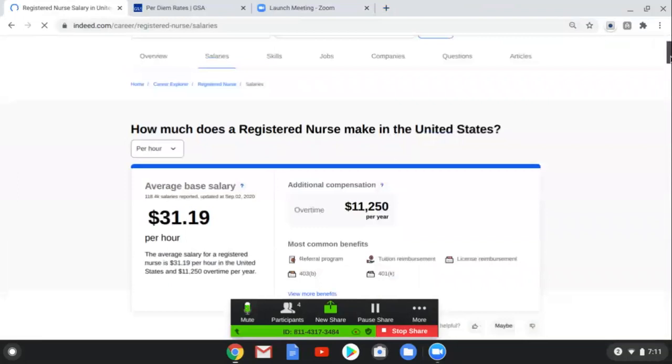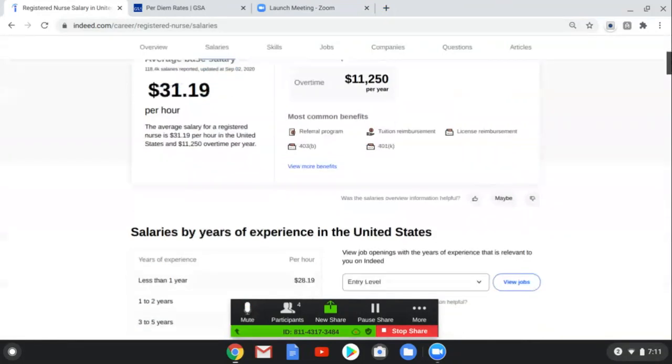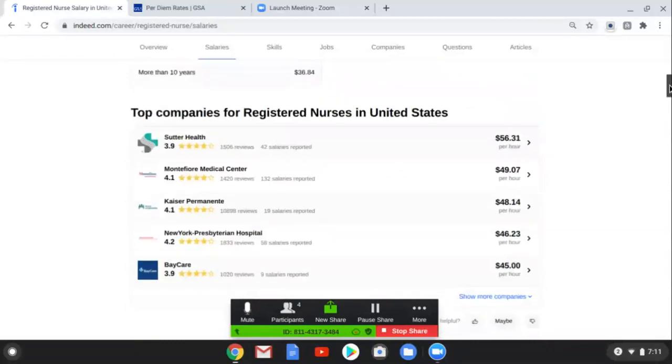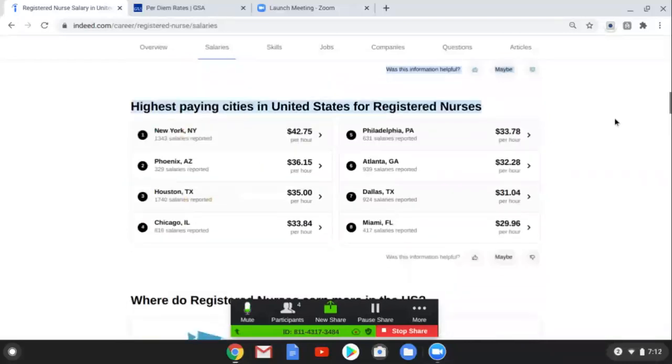So they're pulling the information, and Indeed is pretty much in alignment with the other organization. And then, of course, they put the top companies, which is kind of nice. They touch on here on Indeed the differences in major metropolitan cities, which is what you see here.